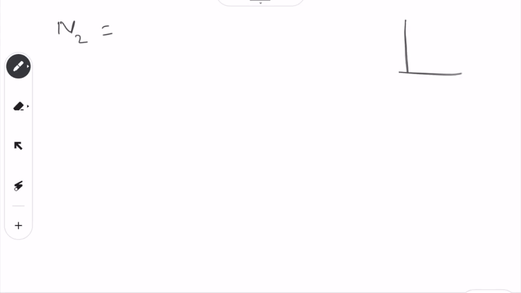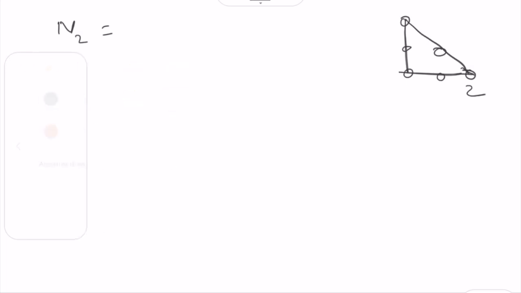So we have like this, and N2 is here, right? Okay, and we want something, so we have like here and here, and we know that they are connected like this one, and then like this one. Okay, so maybe we draw like this one.